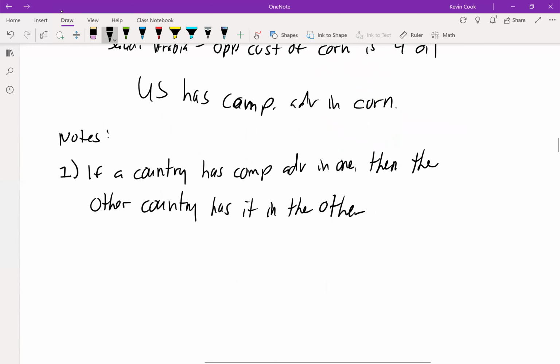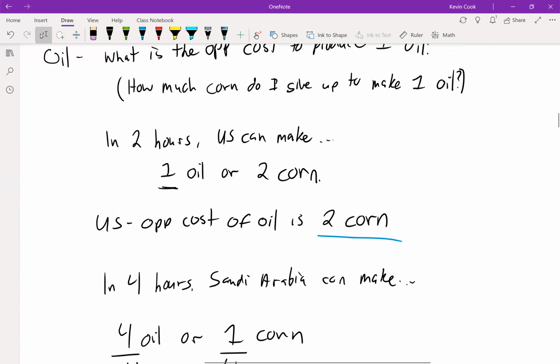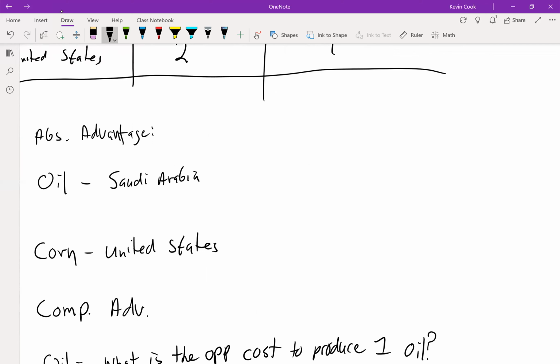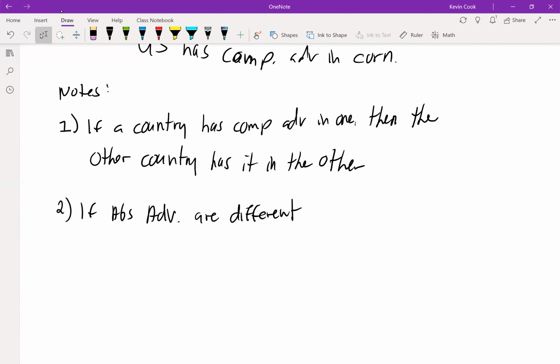And the second thing we can note is that if our absolute advantages are different, like in this case, Saudi Arabia had the absolute advantage in oil, and the United States had the absolute advantage in corn, then the comparative advantages will follow suit.